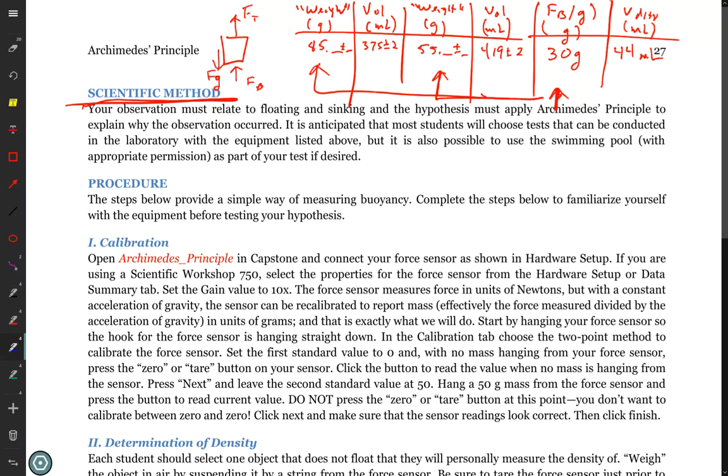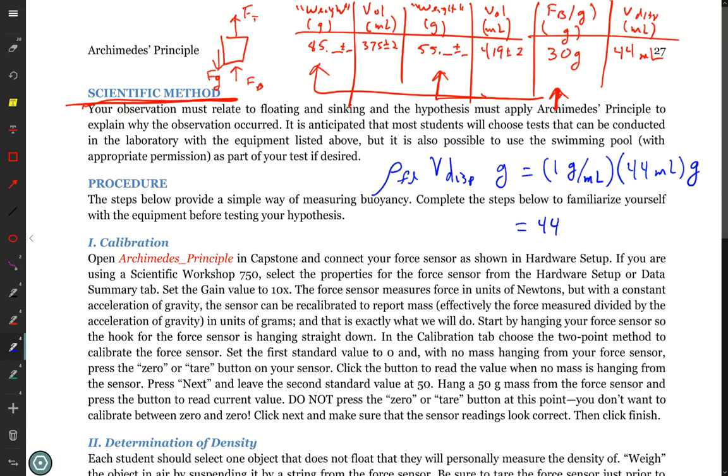And then the volume was just measuring the difference. And so if I calculate the density of the fluid times the volume displaced times g, that's going to be the density of water, 1 gram per milliliter, times the volume displaced, 44 milliliters, times g. And so that should be 44.